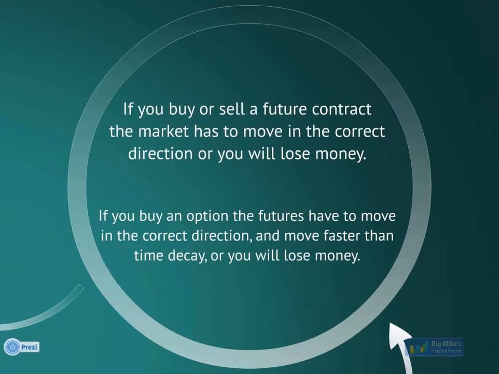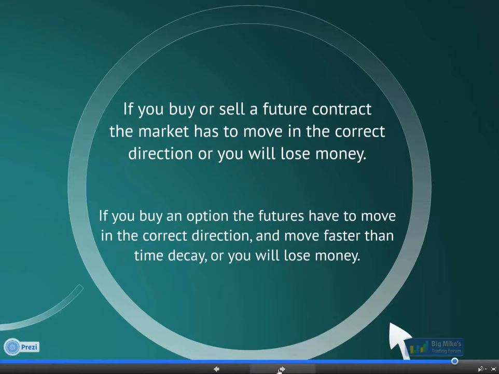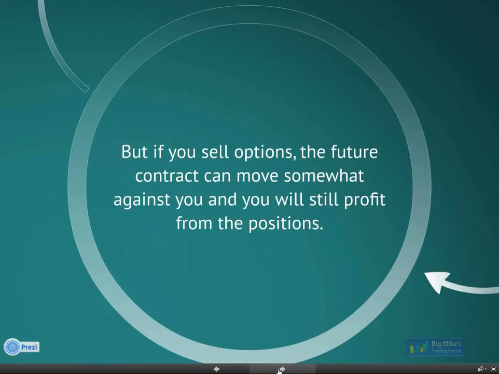But your loss is limited to what you bought it for. If the futures go below 97, you're going to lose money, and if they stay below 97, you're going to lose money. So you have to be exactly correct on the movement of that market. But if you sell options, the futures contract can move somewhat against you, and you will still profit from the positions.